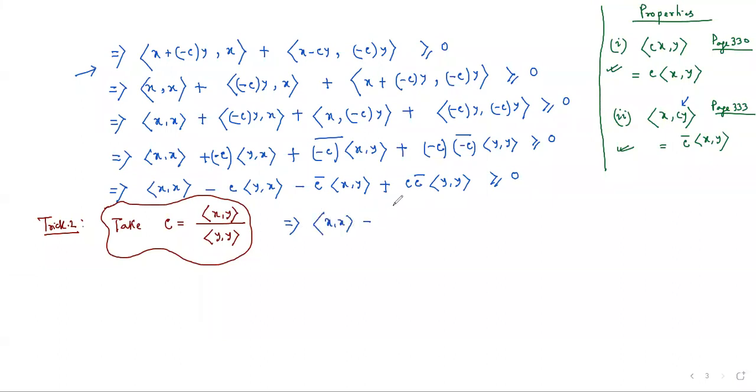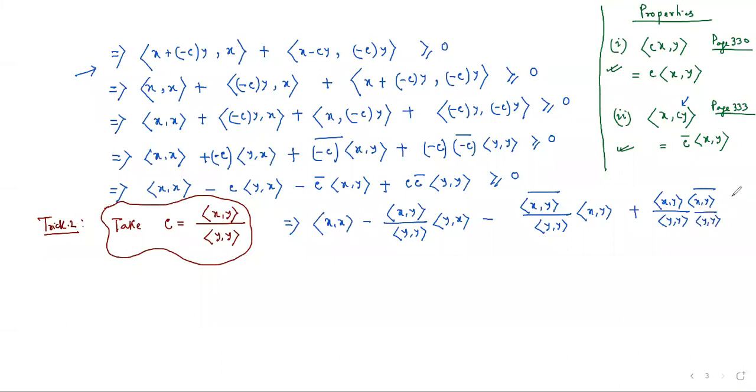We write it as inner product x comma y by y comma y, and then x comma y bar, y comma y, x comma y, and then x comma y bar, y comma y, and x comma y. Sorry, not x comma y, y comma y, y comma y, which is greater than or equal to 0.